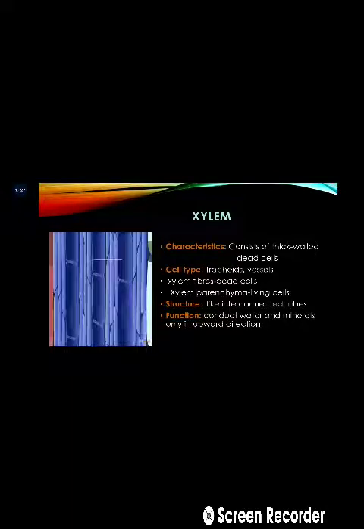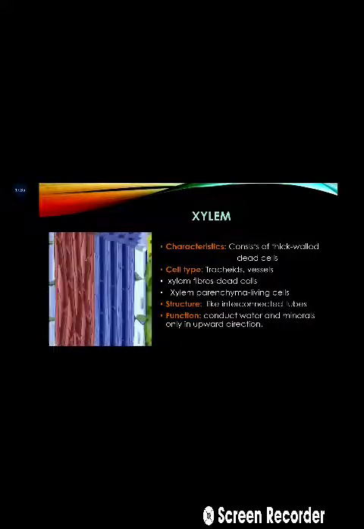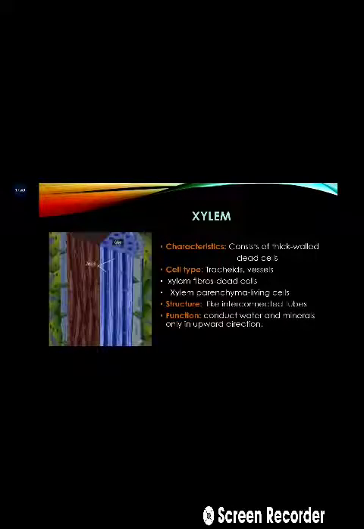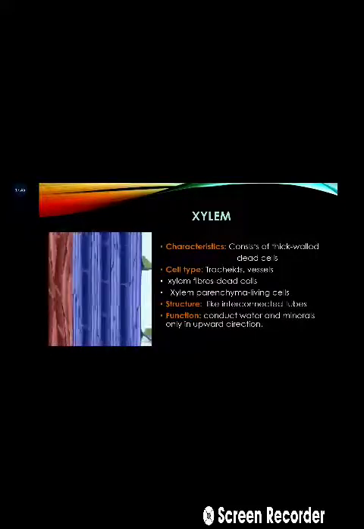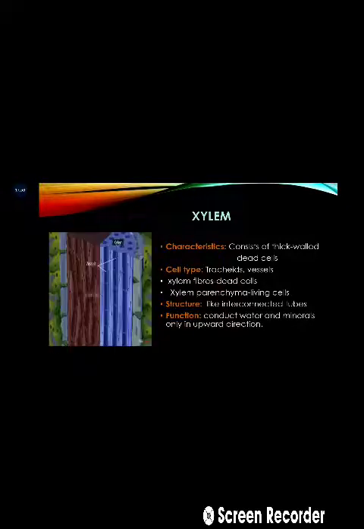We all know that plants absorb water and nutrients from the soil. This water and nutrients from the root are taken to each and every part of the plant on the upper surfaces. So, the main function of xylem is to conduct water and minerals only in the upward direction.